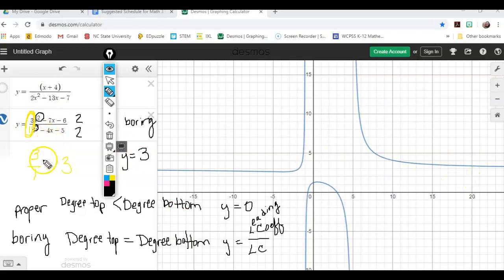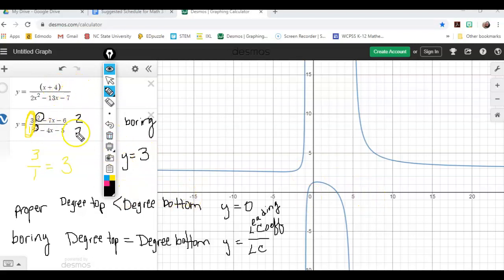Now, we did not talk about what happens when it's an improper fraction. We're going to save that for tomorrow's lesson, but this is how we find our horizontal asymptotes for rational functions. We want to look at the rational expression, and determine whether it's a proper or an improper fraction. If it's a proper fraction, then its horizontal asymptote is always 0.